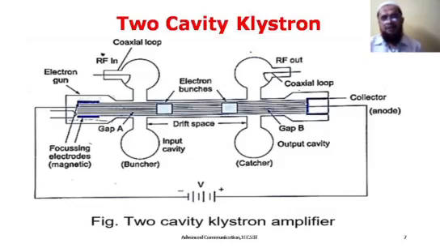RF is the radio frequency signal which is amplified to give the microwave signal. The picture is clear. Here we have the focusing electrodes, electron gun, the distance between the two cavities which we call drift space, and finally the collector.